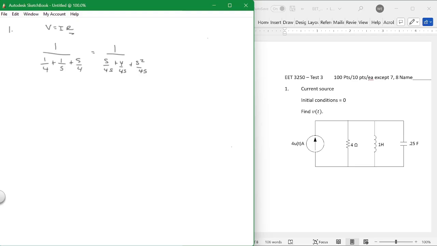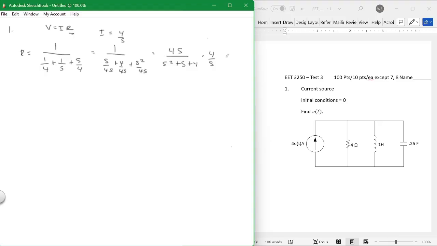So basically now you've got 4S over S squared plus S plus 4. Now that is my R, okay? My I is equal to what? 4 over S. So you multiply this by 4 over S.